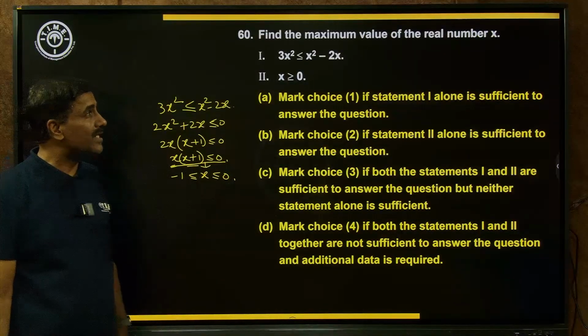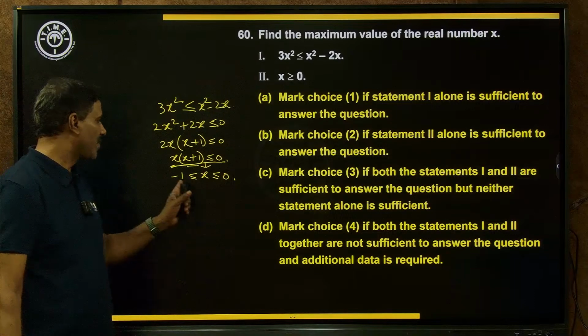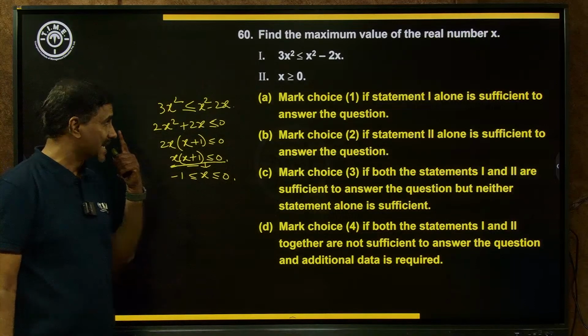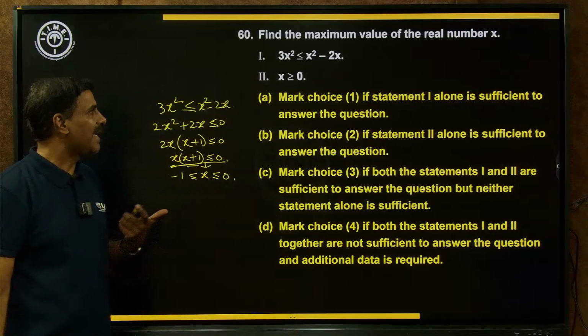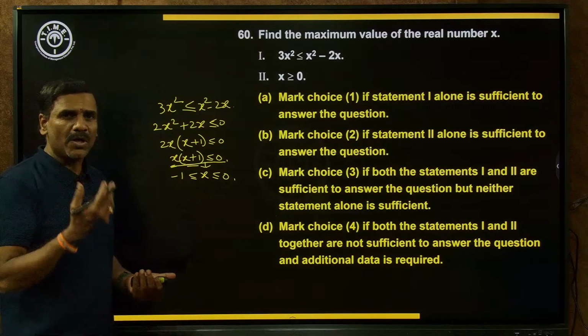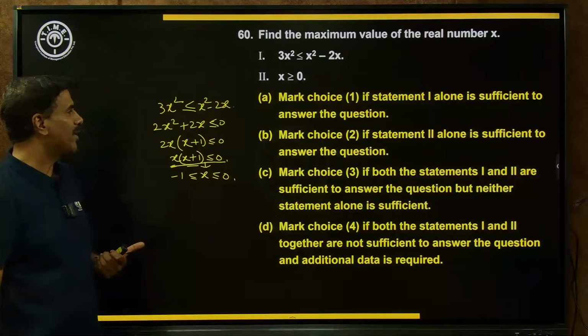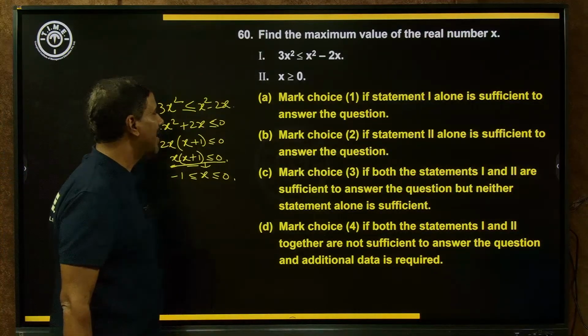But what is our question? Find the maximum value of x. So it will be between these two. We cannot find the exact value there. So that is the reason the first statement is not sufficient. Taking the second statement, x is greater than or equal to 0. If it is greater than or equal to 0, it may even be positive infinity, right? So the first statement and second statement independently are not sufficient.